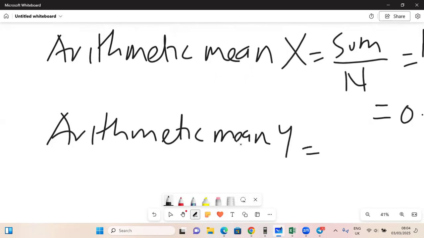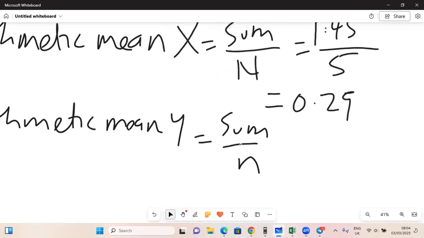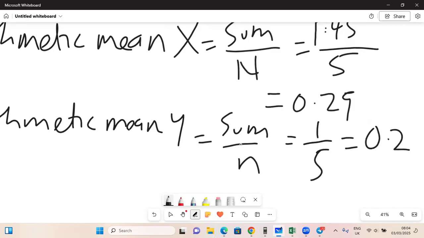Y is also going to be the sum over N, which is going to be equal to 1/5, giving 0.2.